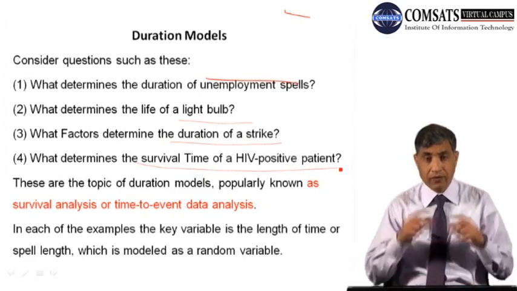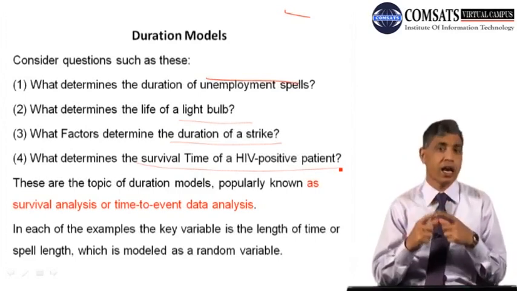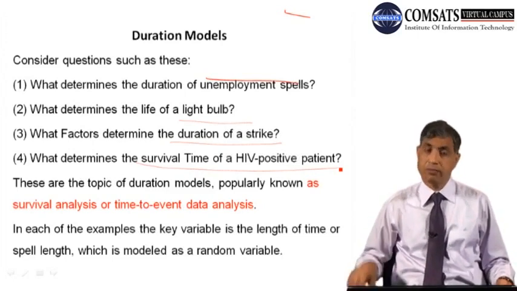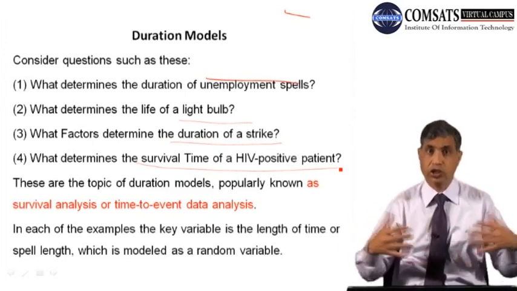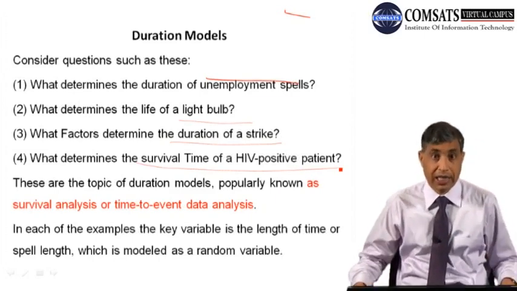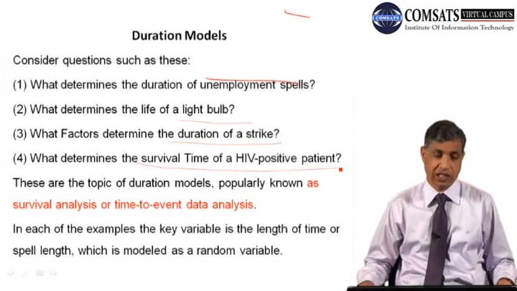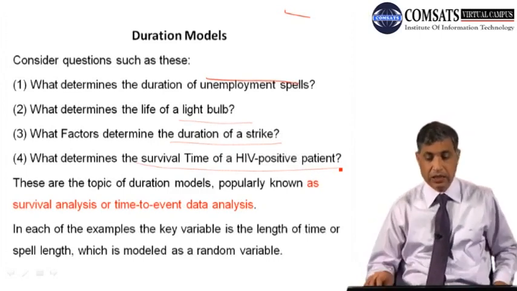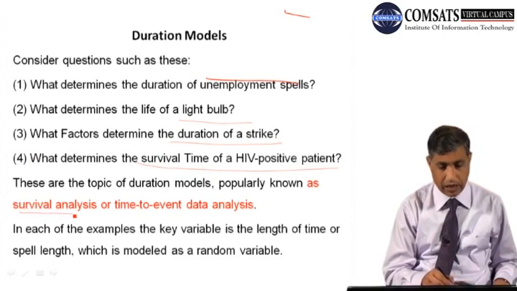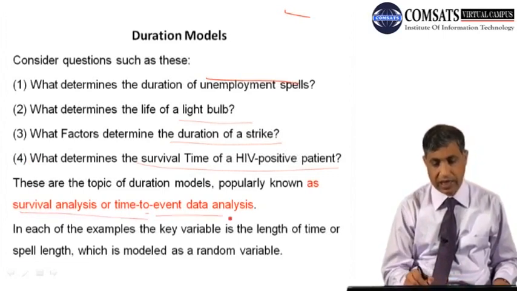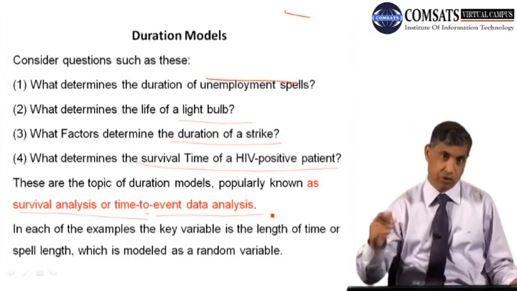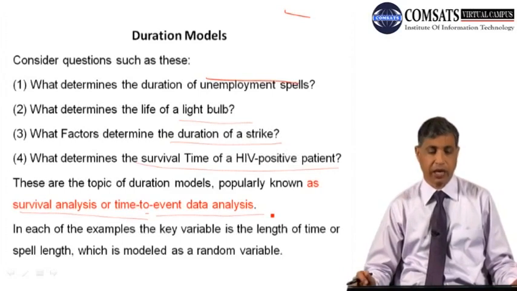This is possible with some margin. They are not 100% sure, but based on experience, calculation, estimation and procedure, they are in a position to tell how long this person will survive. These models are also known as survival analysis or time-event data analysis models. As they are related to time and duration, these are called duration models.